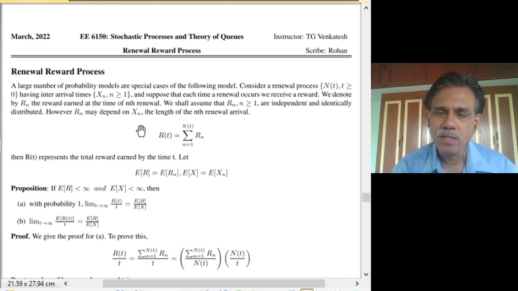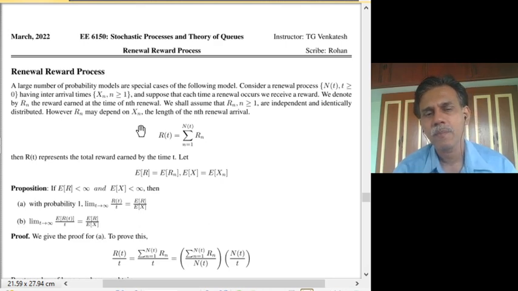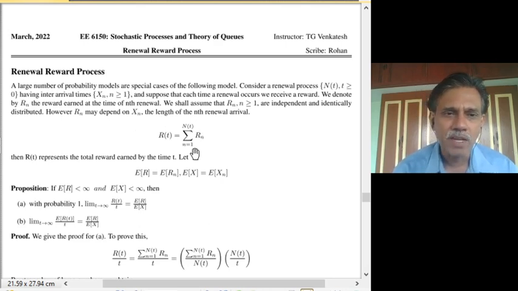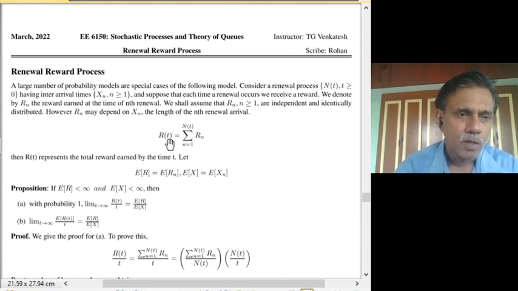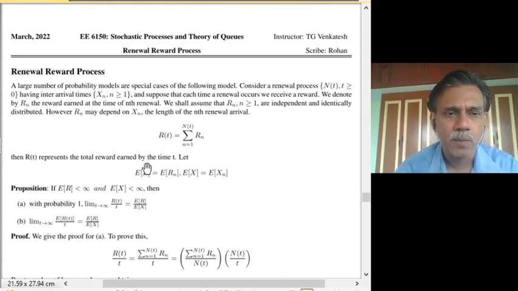N(t) denotes the number of renewals that happen in a duration t. So the sum over n varying from 1 to N(t) of Rn is the total reward obtained till time t. So R(t) represents the total reward earned till time t.